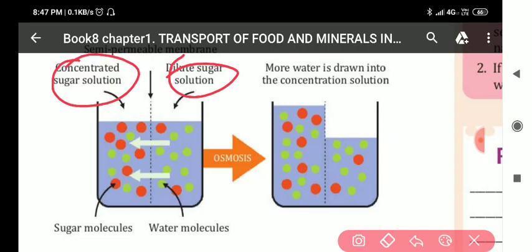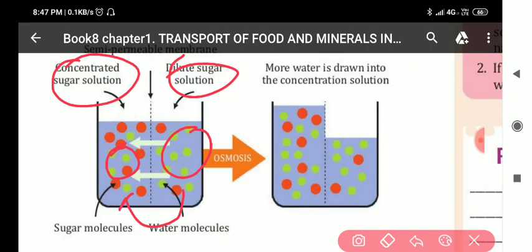In this region, the water molecules are having high concentration, and here the water molecules are having low concentration. So my dear students, the water molecules are moving from this region to this region. Clear?